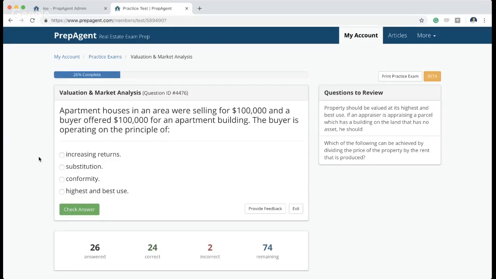Apartment houses in an area are selling for $100,000, and a buyer offered $100,000 for an apartment building.